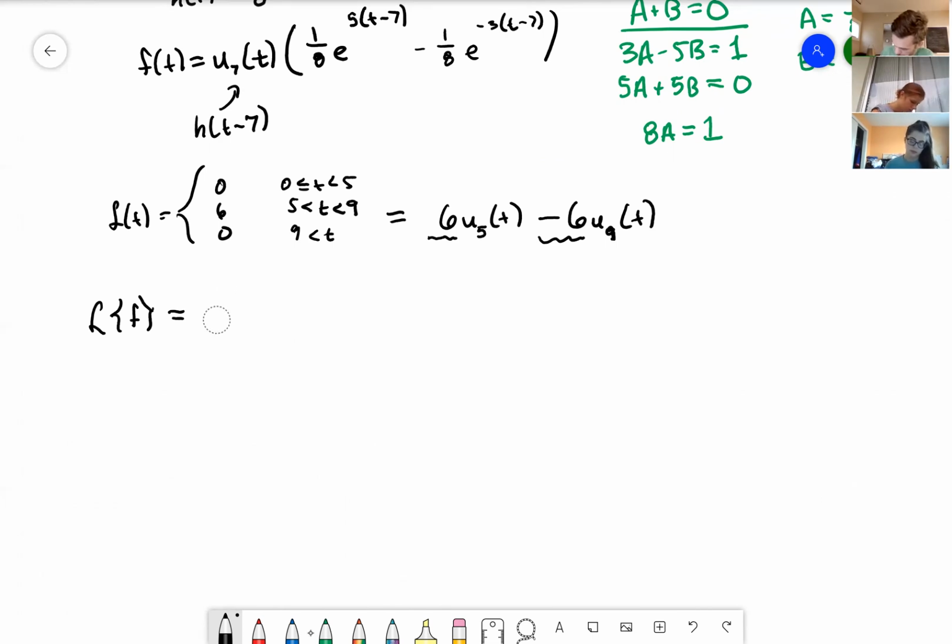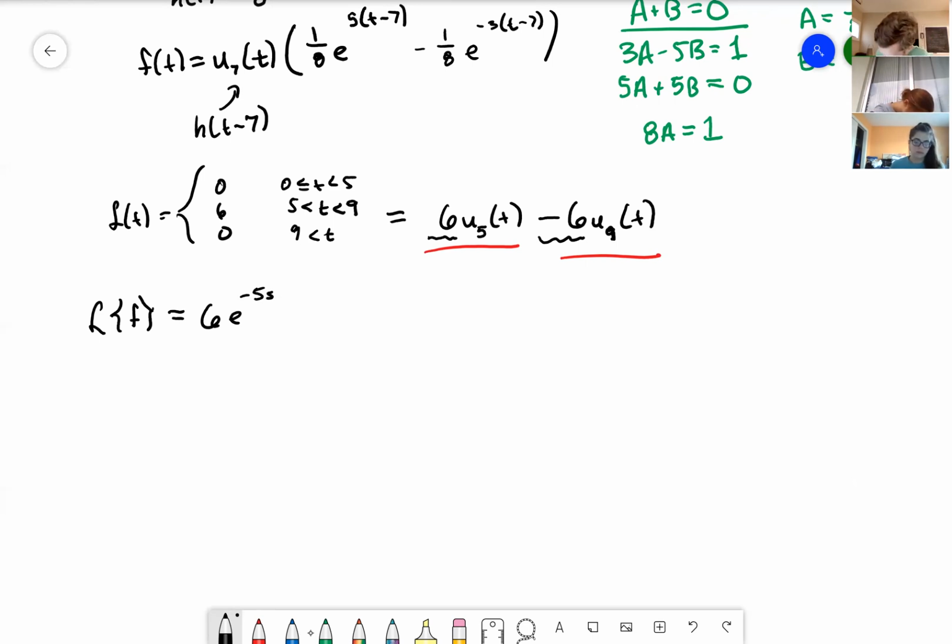I just want to emphasize, you already know this: the Laplace transform is a linear transformation, or linear operator. And so we can actually do this piecewise, just like we would do a derivative or an integral. So it's 6 times e to the minus 5s.